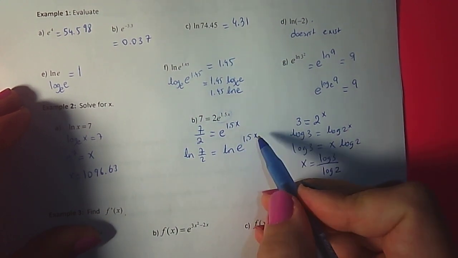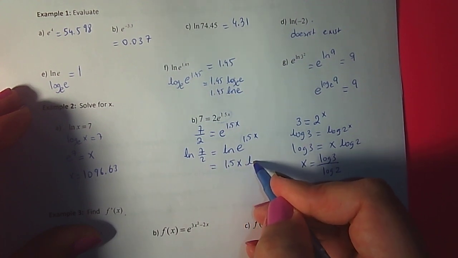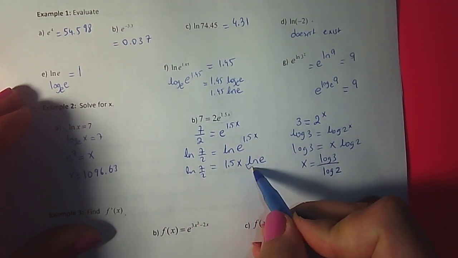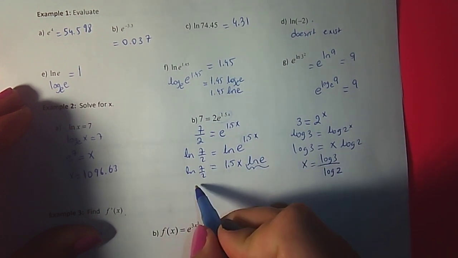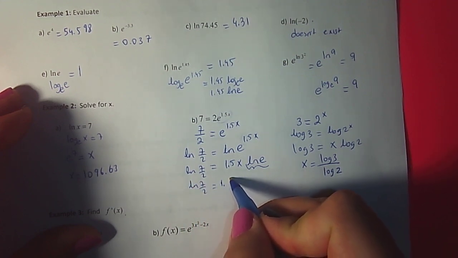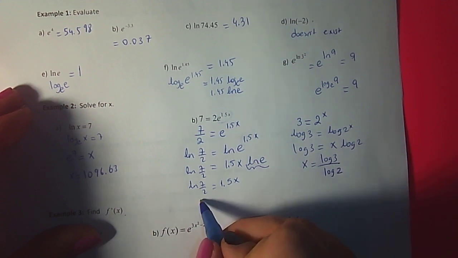Now again I'm going to use the power rule. So we are going to get 1.5x times ln e on the right side, and we know that ln e equals 1. So we get ln 7 over 2 equals 1.5x. Then we can divide both sides by 1.5.